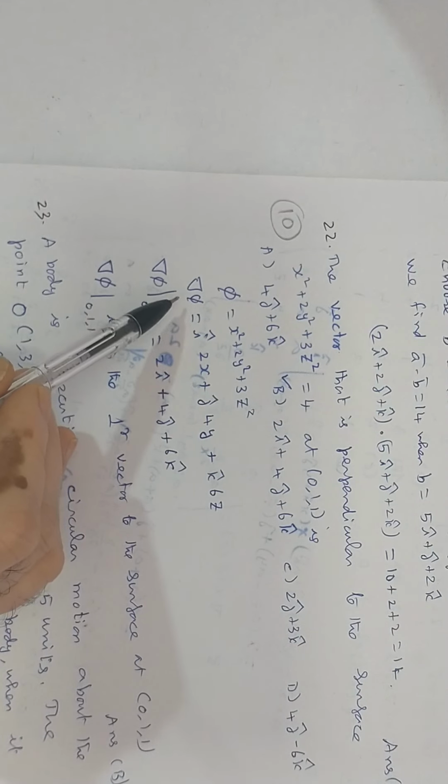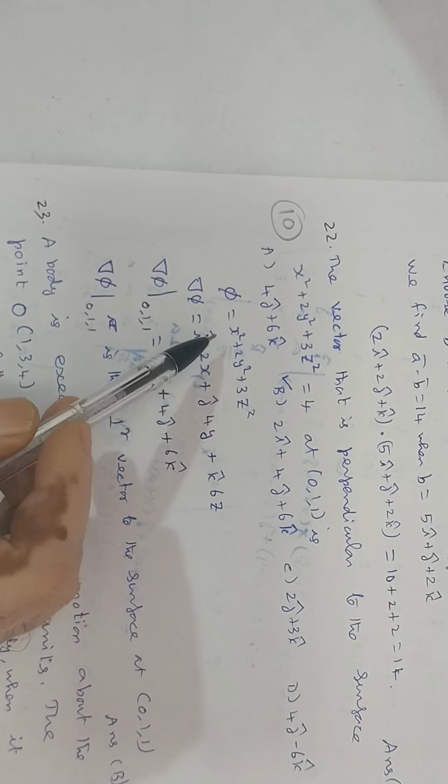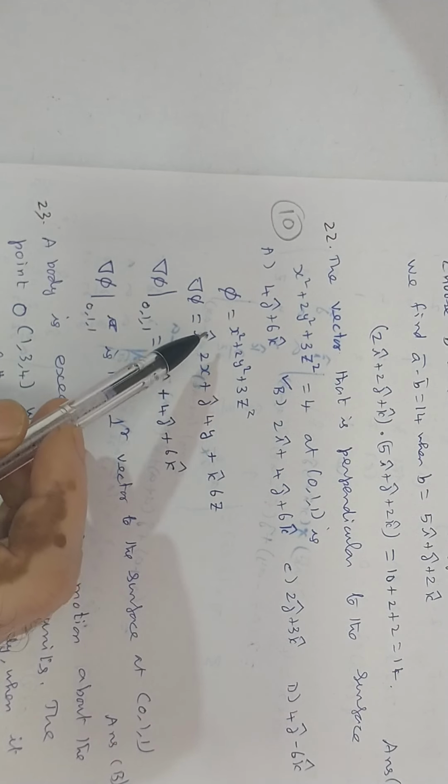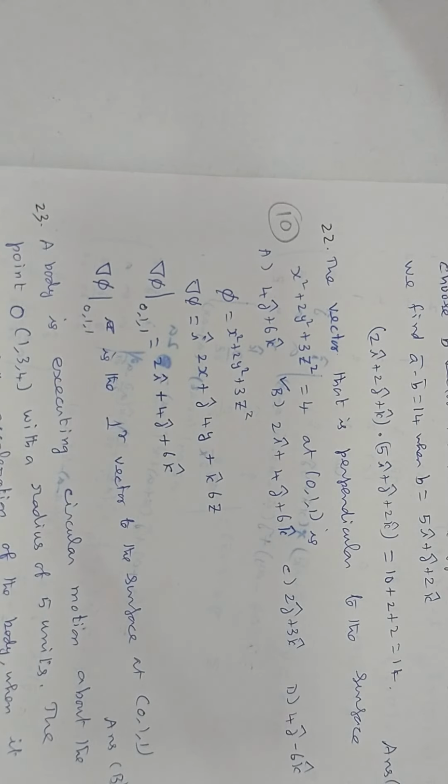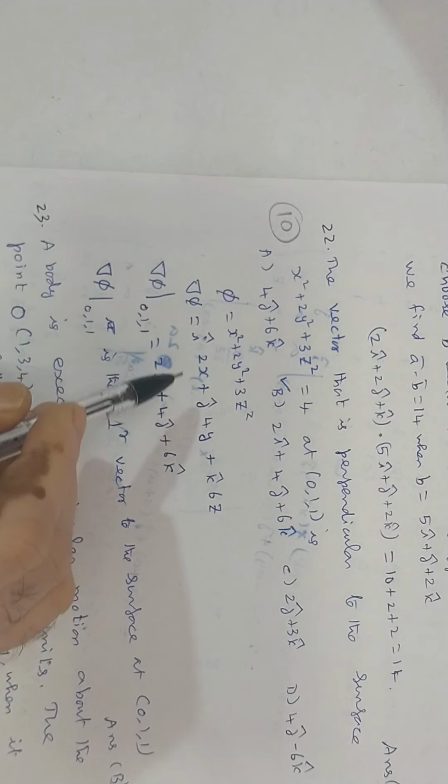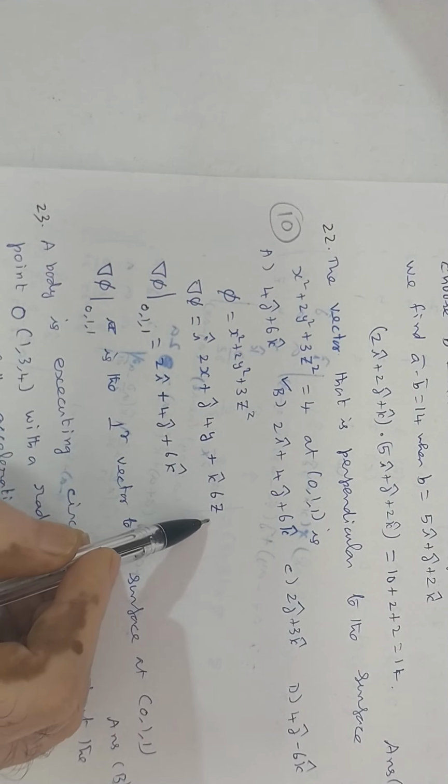The next step is to find the gradient of phi. So you have to differentiate with respect to each coordinate, because the gradient is equal to unit vector i into partial d by dx plus j into partial d by dy plus unit vector k d by dz. If you use this, you will get this expression.